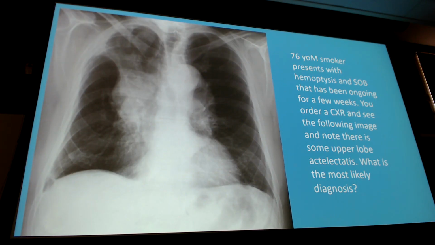Now, I couldn't say most likely diagnosis on a test and give you atelectasis and what? Squamous cell, right? I couldn't give you most likely unless I told you there was atelectasis there, because then that's obviously not the answer. But if I wanted to put atelectasis or squamous cell in the thing, I would have to say, what is the most concerning diagnosis? Right? Something along those lines.